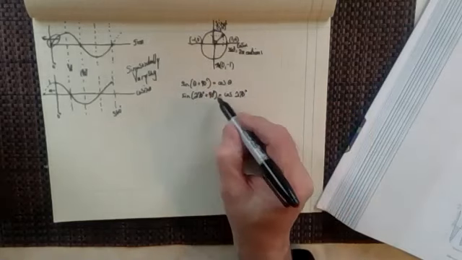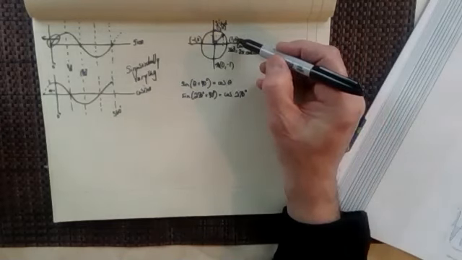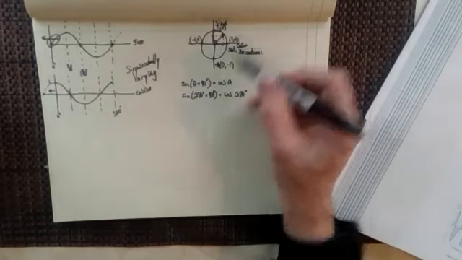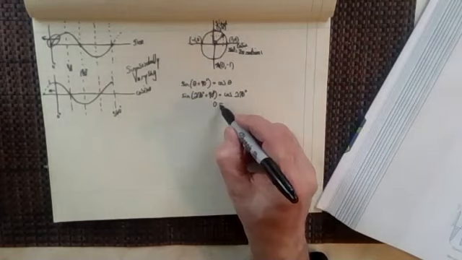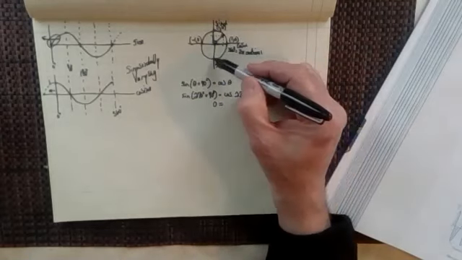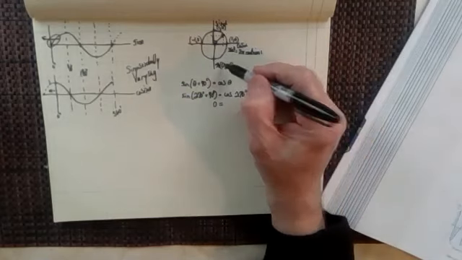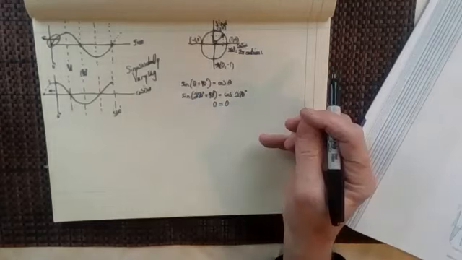Well, 270 degrees plus 90 degrees would be 360 degrees. And so the sine of 360 degrees is going to be 0. And is that the same as the cosine of 270 degrees? The cosine of 270 degrees is also 0.